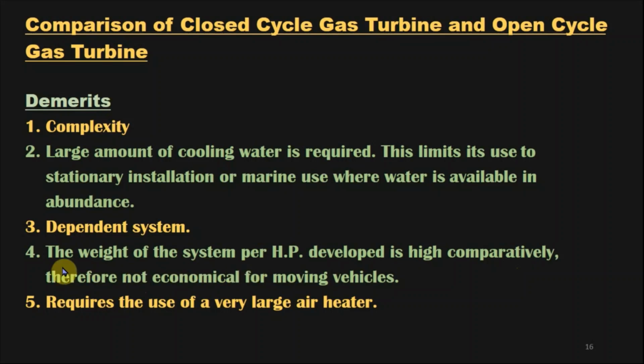And it is in fact one of the prime concerns when you use such a system for aviation applications. The weight of the system per unit power developed should be less when you consider a gas turbine system for aviation applications. So in that case, open cycle gas turbine offers a smaller weight to power ratio.